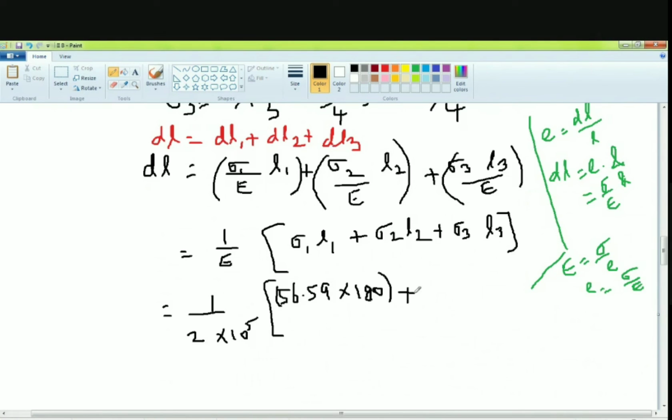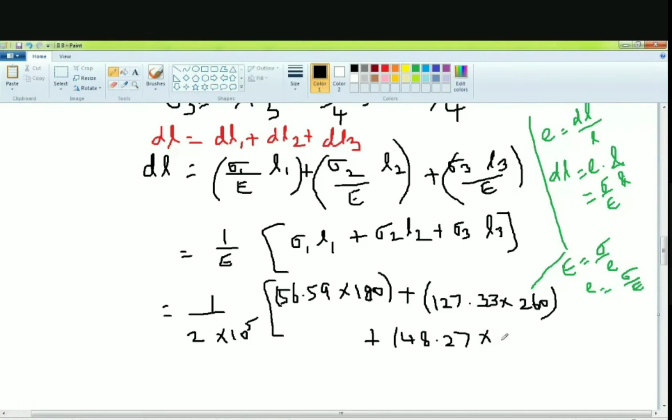Sigma 2 value? 127.33 multiplied with L2. How much is L2? 260. Plus sigma 3, 48.27, multiplied with L3.